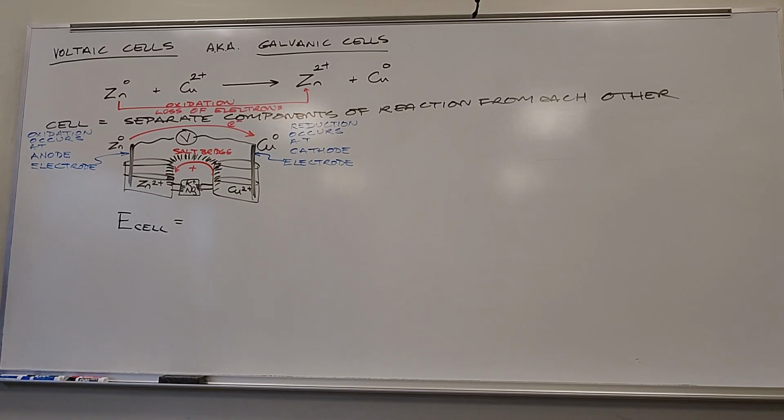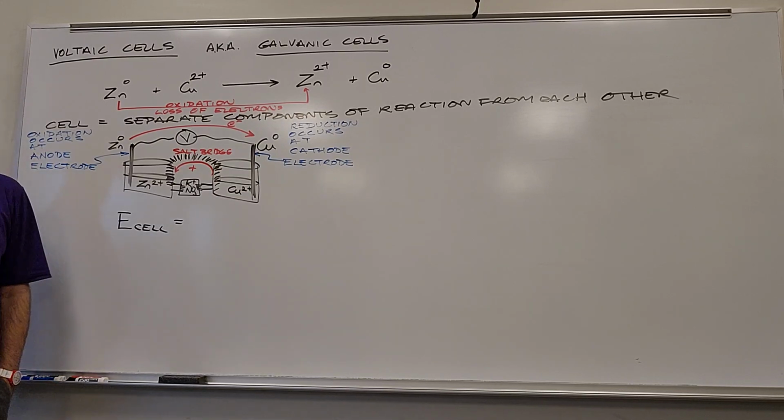But there's a problem there, because all of the numbers in the book are all reductions all of the time. And in order to turn a reduction into an oxidation, you have to flip it backwards and invert the number. So now they say reduction minus oxidation.